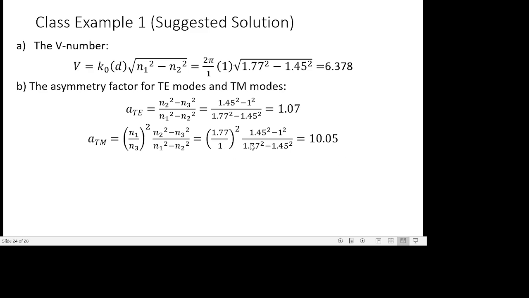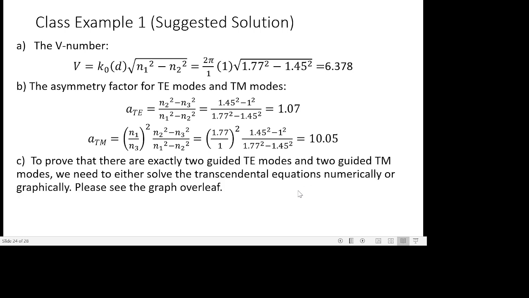According to our calculation, it is 10. And to prove that there are two guided modes for TE modes and two guided modes for TM modes, we can either solve the transcendental equation given in equation 22 numerically or graphically.